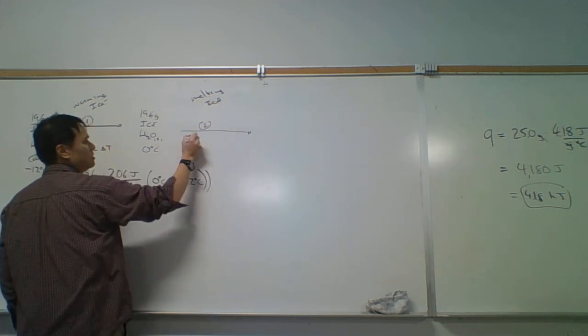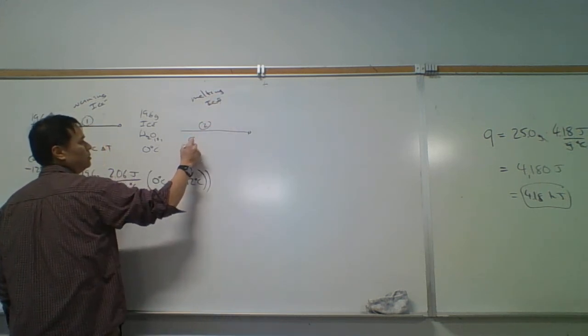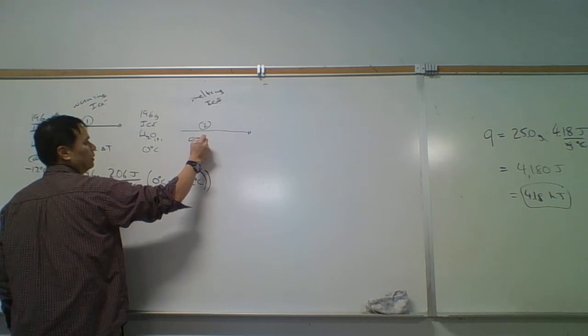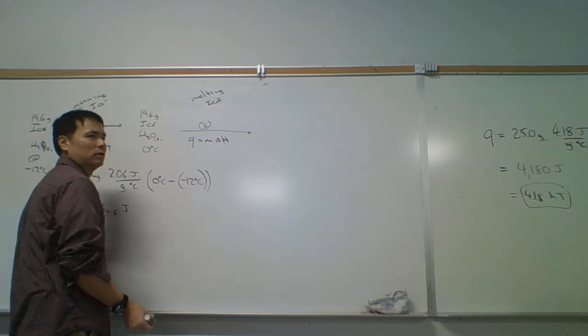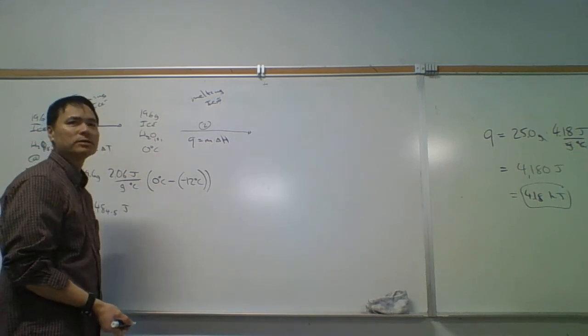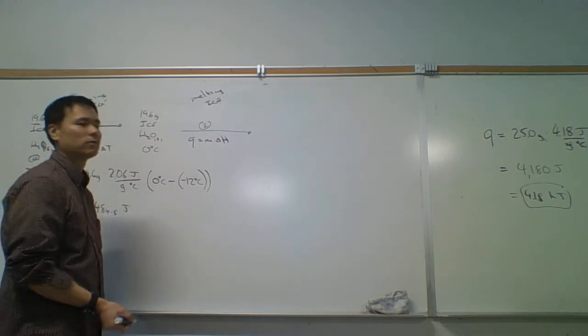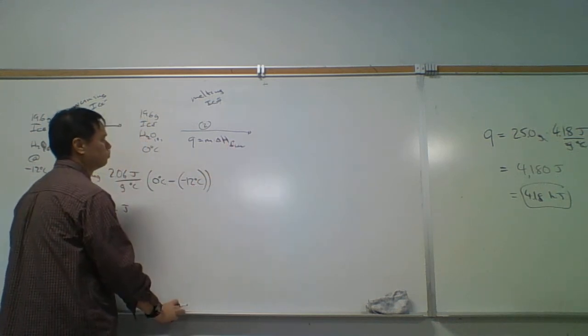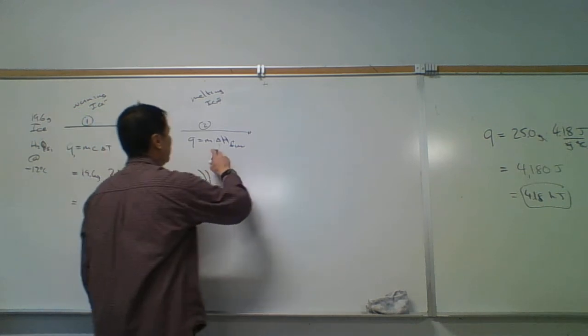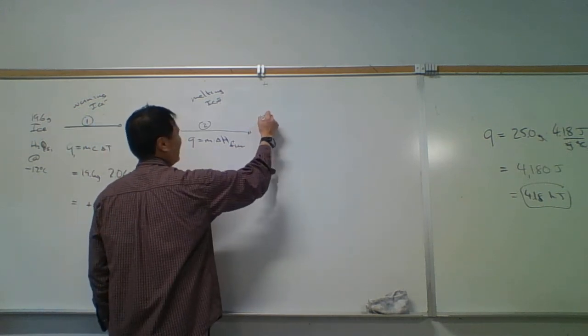And so what's the equation for melting? Q is equal to M times delta H of fusion, freezing, vaporization, or condensation? Fusion. Delta H of fusion. Okay, when I melt the ice, I'm going to end up with water.